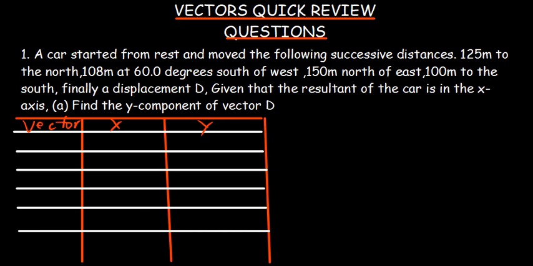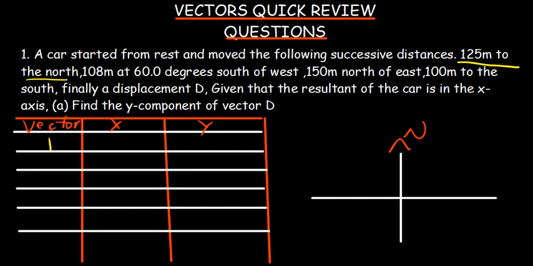What does it say? A car started from rest and moved the following distances: 125 meters to the north. So if you come up with your compass here, if you say 125 meters to the north, it's that side, right? That's your north, which is the y-axis, implying that there's no displacement along the positive x-axis. The angle is 90.